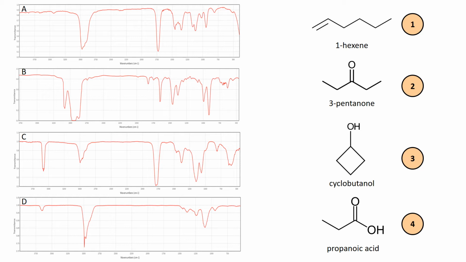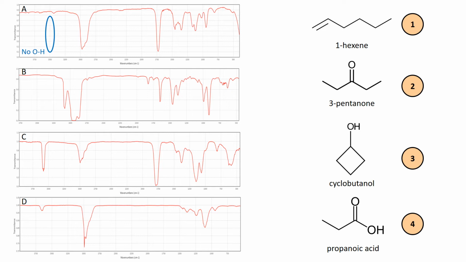So we can start here with spectrum A, right at the top. And the first place that I always look when trying to work out these spectra is that region where we are likely to find, or where we will find, an OH peak or an OH absorption band.